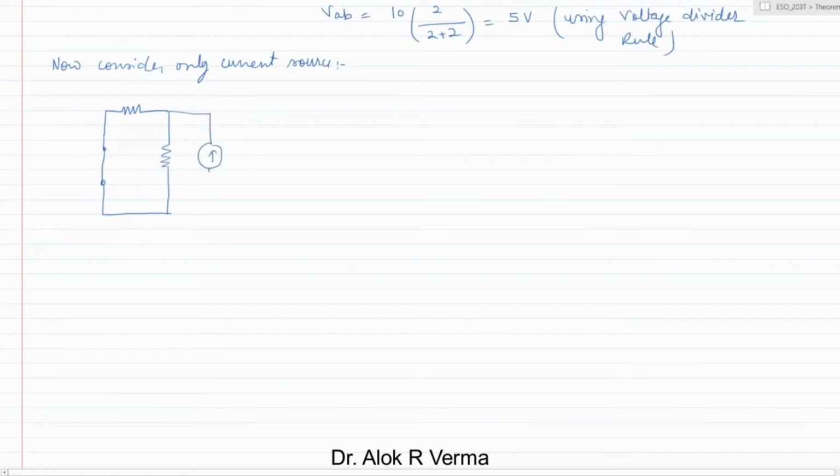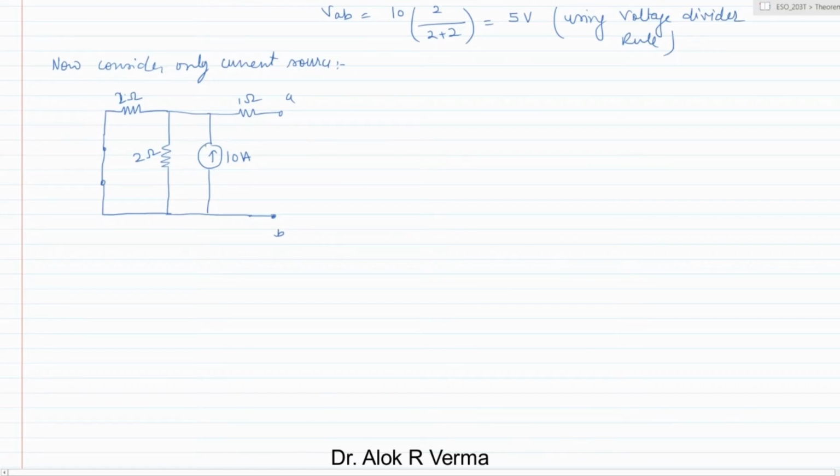This is your current source. This is the terminal A and B. Now we are using only the current source for energizing the circuit. So this is 10 ampere, this is your 1 ohm, 2 ohm, 2 ohm.